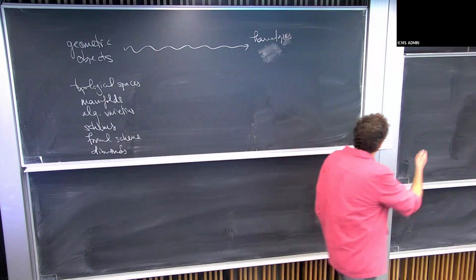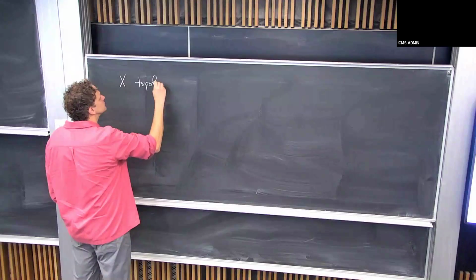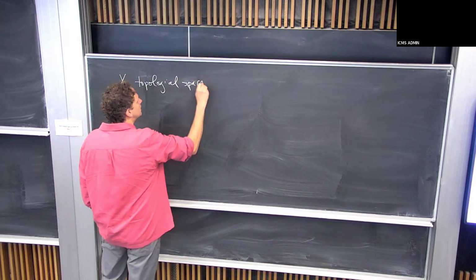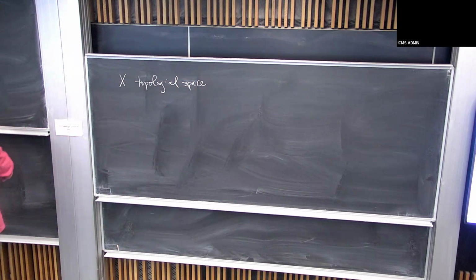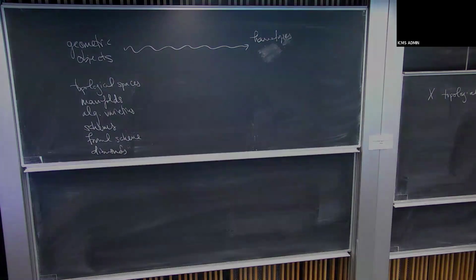So okay, let me start with some place that I hope is comfortable for people. I want to start off with just a topological space. So X is going to be a topological space. And then I'm going to attach to this topological space a category.